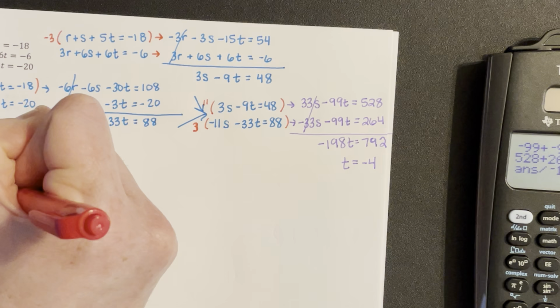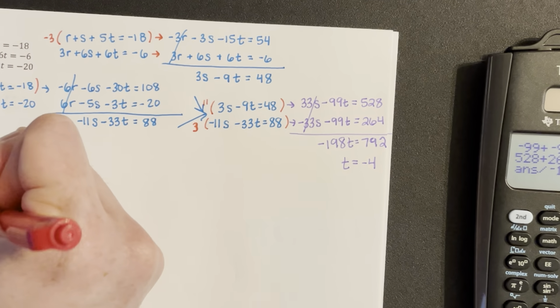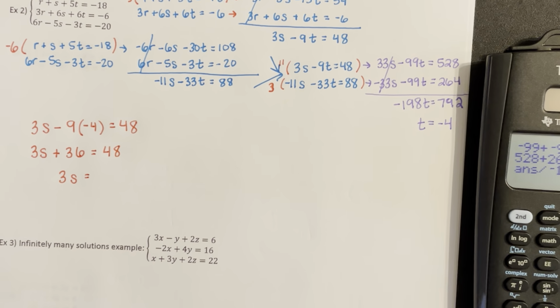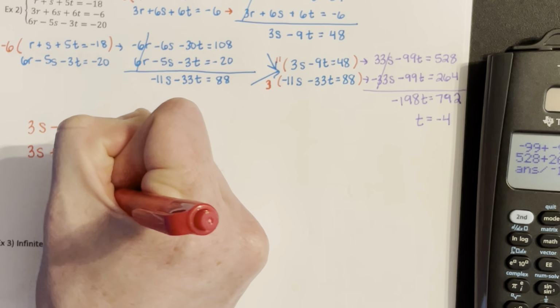Plus 36 equals 48. We subtract 36 to get 12 and divide by 3 to get 4.